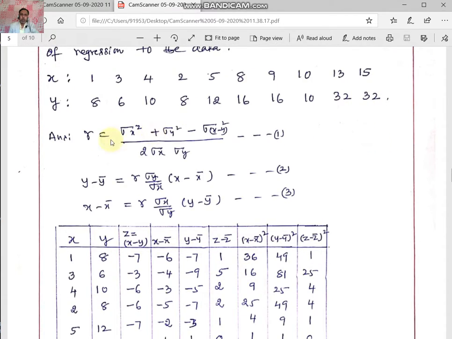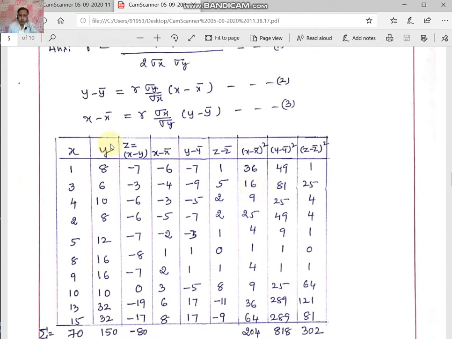The formula for correlation coefficient R is equal to sigma x square plus sigma y square minus sigma (x minus y) whole square, divided by 2 into sigma x sigma y. And these are the formulas for lines of regression: line of regression of y on x, line of regression of x on y. So these three formulas are to be written first.